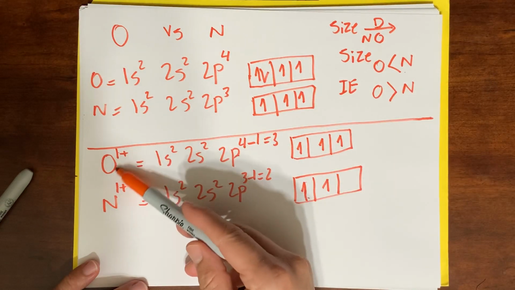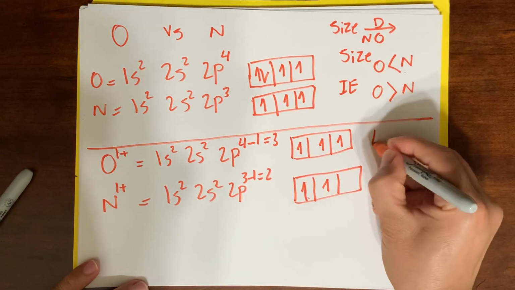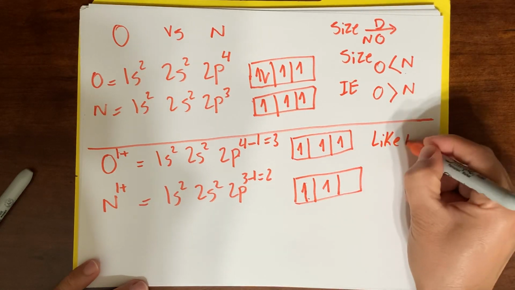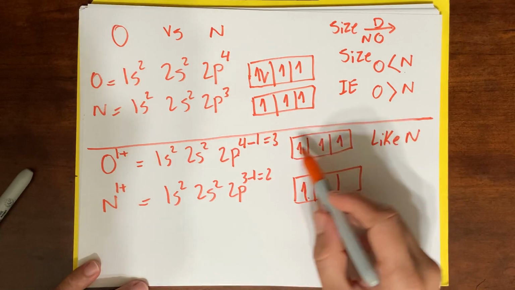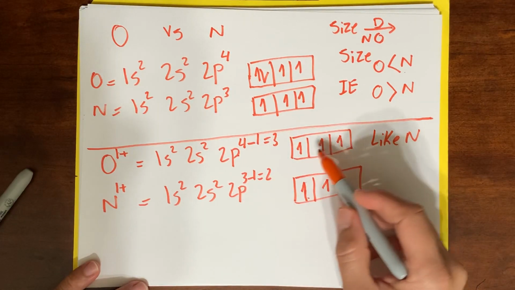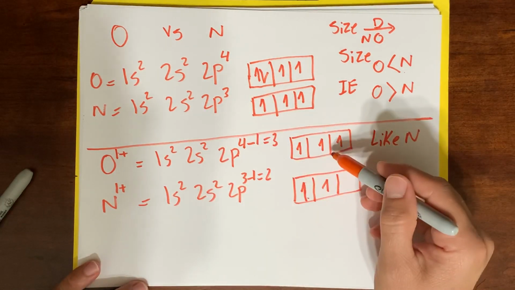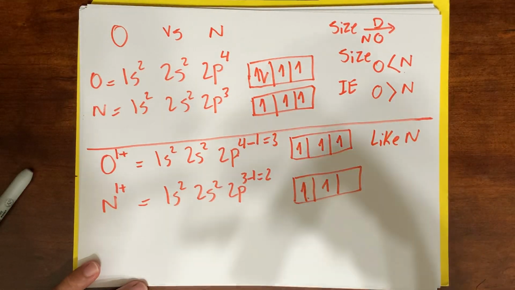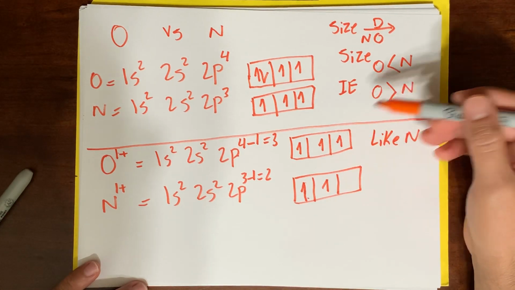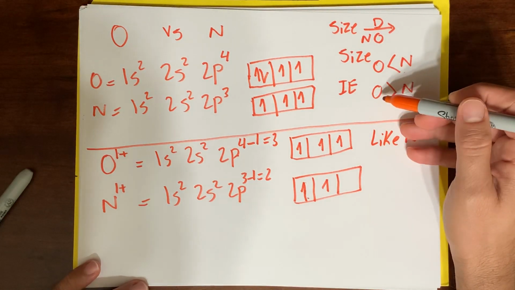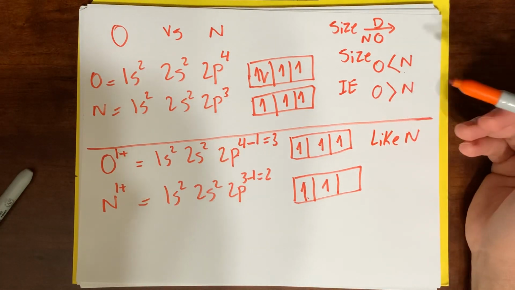So O plus will be like nitrogen. And when you take 1 electron from O plus, you will get a half occupied orbital. And this one is a stable orbital. So it's going to pay off some of the energy that O was supposed to spend to lose 1 electron.